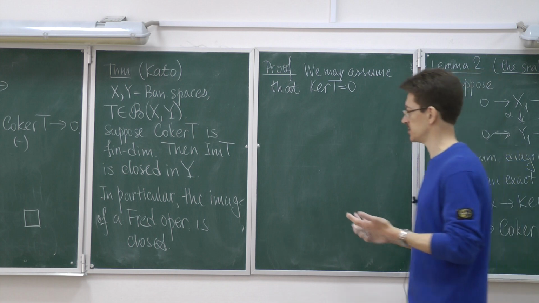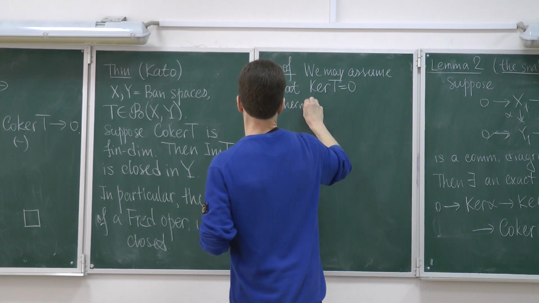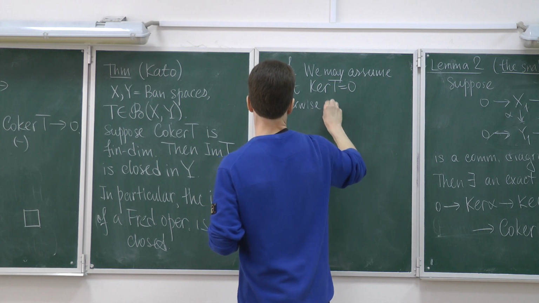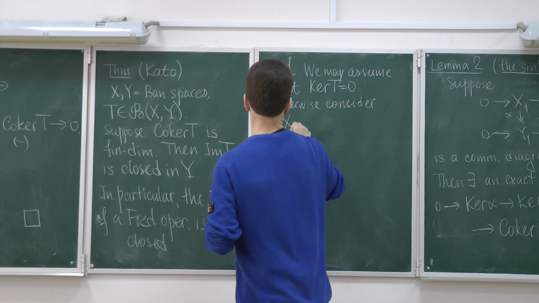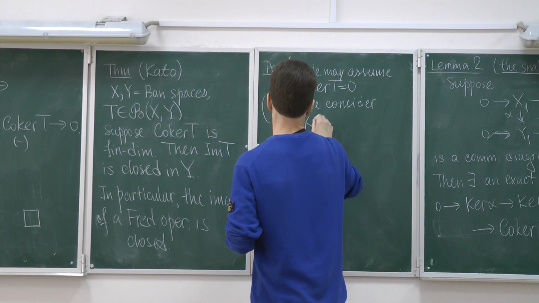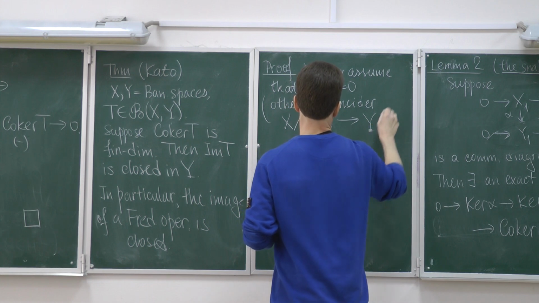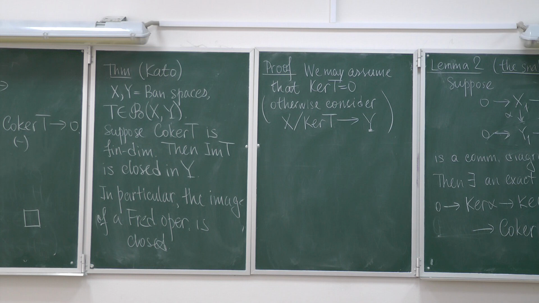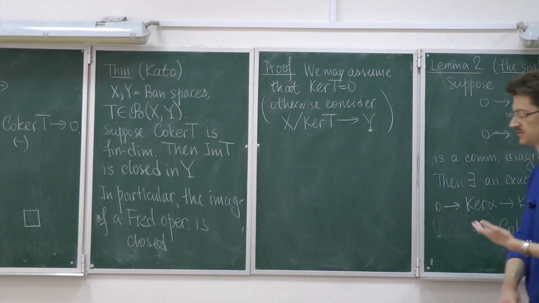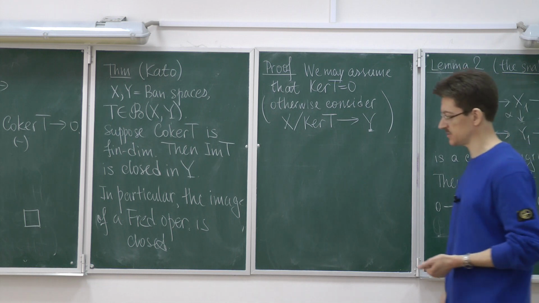Otherwise, if it is not trivial, we just quotient out the kernel and consider the induced operator from the quotient of X modulo the kernel to Y. The image of this induced operator is the same as the image of T, and the kernel of this operator is trivial. So everything is easily reduced to the case where the kernel is trivial.